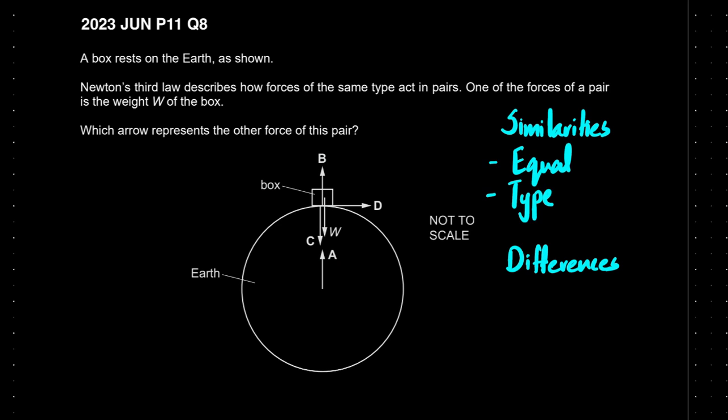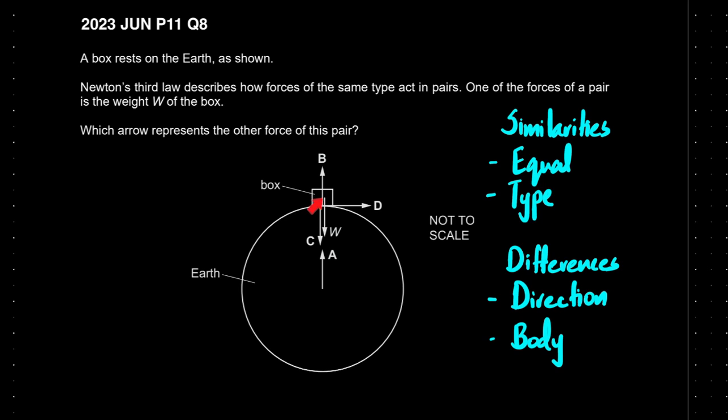The idea is that because both of these masses attract each other, the weight is nothing but the force of attraction the earth exerts on the box. So the other one must also be some type of force of attraction. And the differences between them are obviously in the direction, and the other difference is in terms of the body which each force acts on, right?